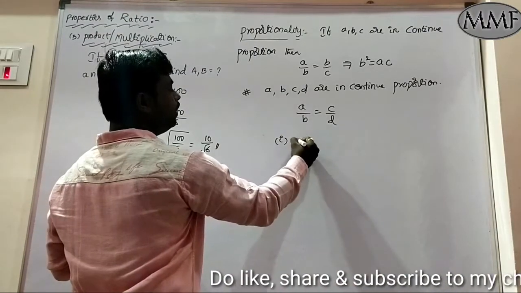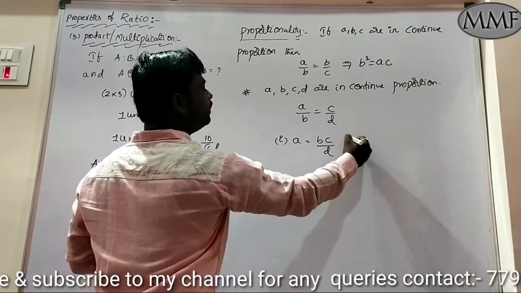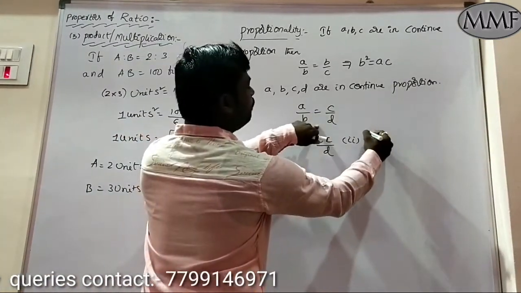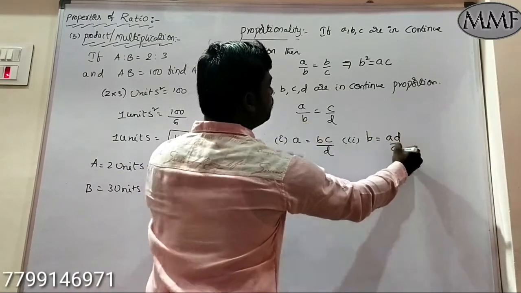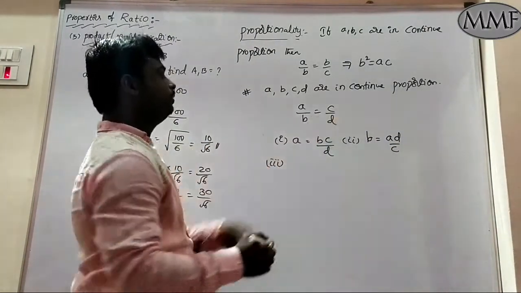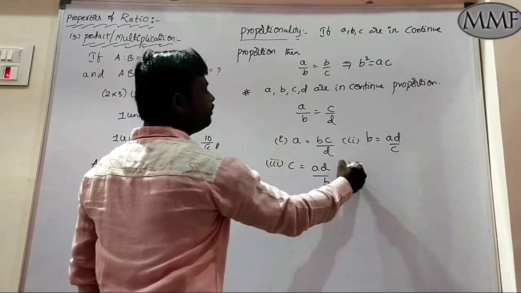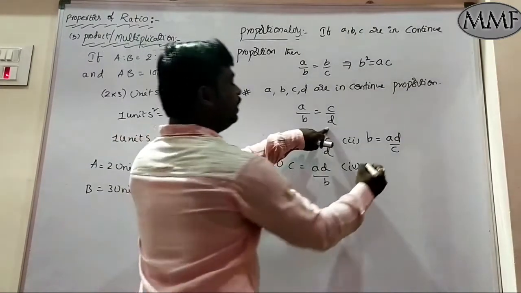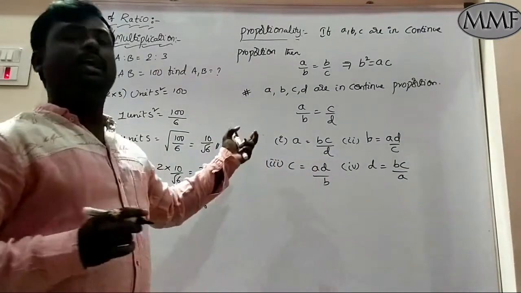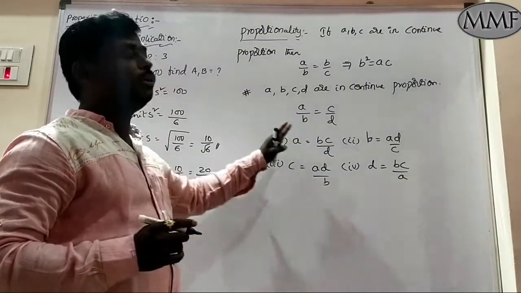First one, A is equal to just multiply BC by D. Then what is the second thing you will get? B is equal to AD by C. Then what we get? Third thing C value. C is equal to what I can write? AD by B. Then what is the fourth thing you can get from this? D is equal to BC by A. So like that, if any 4 numbers are in continuous proportion, I can say all these things.